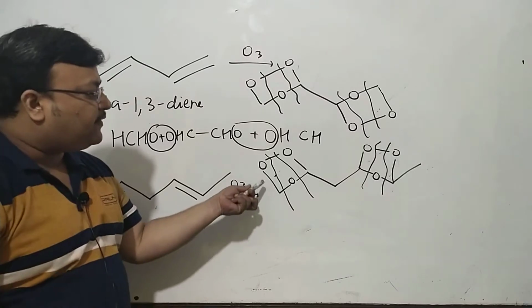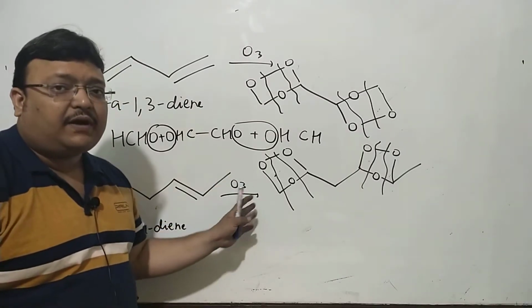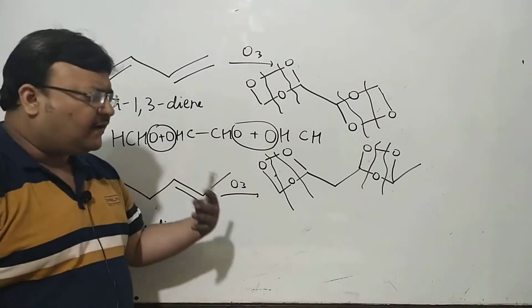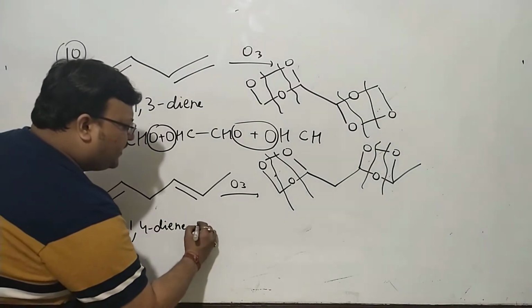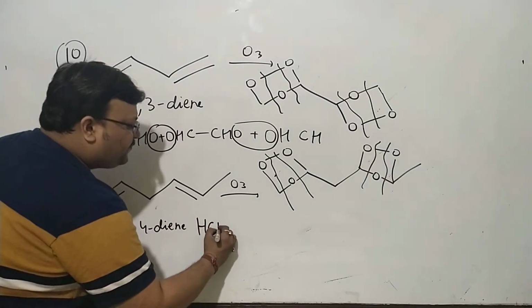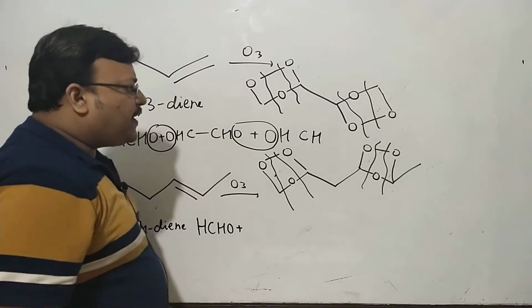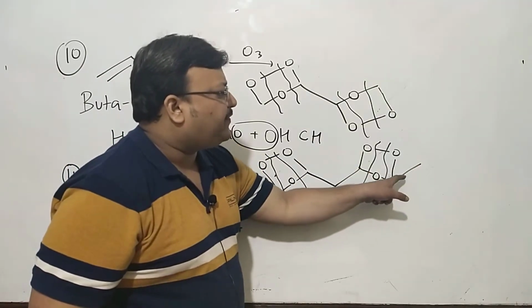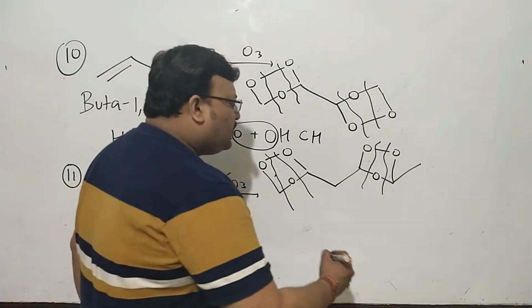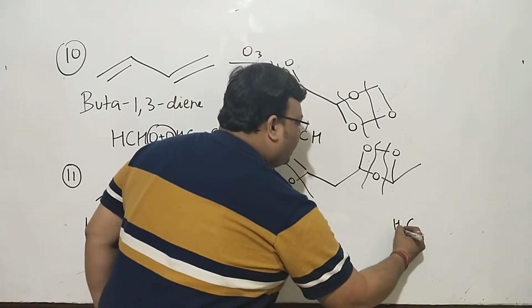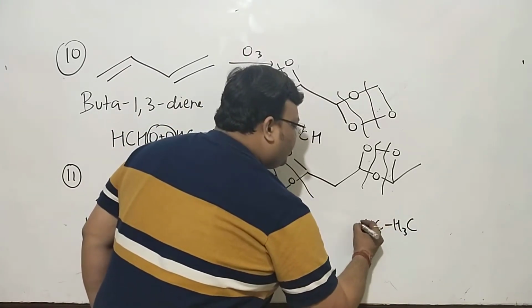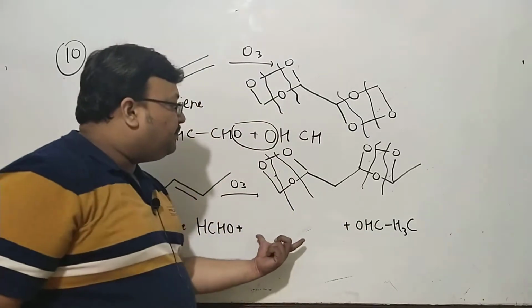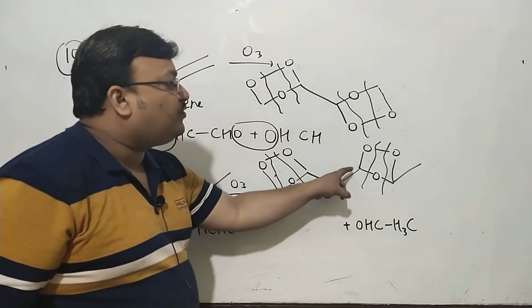Now the fragment to the left has to be a 1 carbon fragment, which is formaldehyde, HCHO. So I'll write HCHO somewhere here. The fragment to the right is CH3CHO. So I'll naturally write CH3CHO somewhere here. And when it comes to the middle fragment, it's OHC-CH2-CHO.